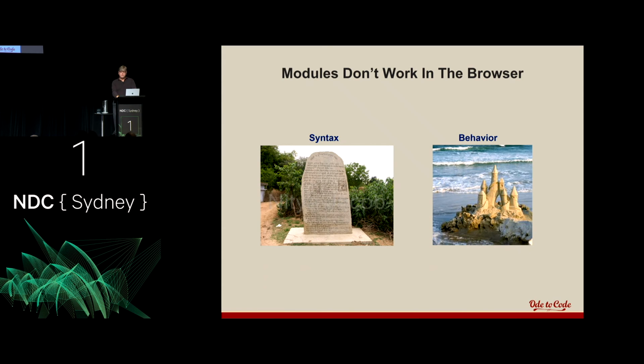The other interesting thing about modules is that the module syntax we're looking at is complete, written in stone, and it's not going to change. It is officially part of the specification. What the specification does not provide any guidance on, however, is how those statements should actually behave in a browser or an environment like Node.js.